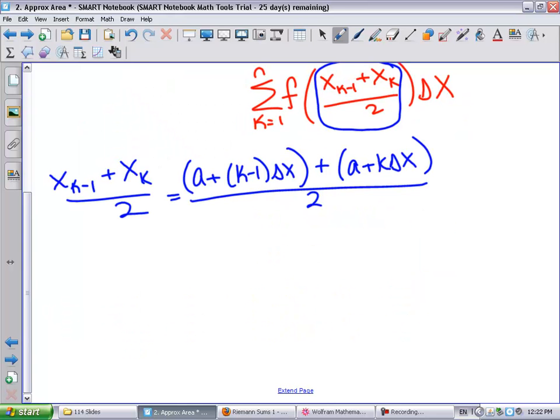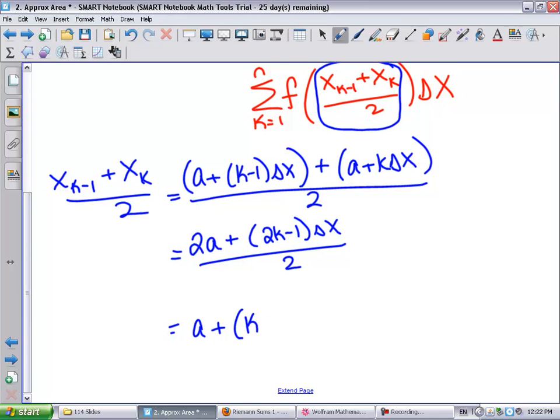And we can simplify that a little bit. That's 2a plus 2k minus 1 delta x over 2, or a plus k minus a half delta x. So there's your formula actually. That's your x k bar, the point you're going to be plugging in for the midpoints.